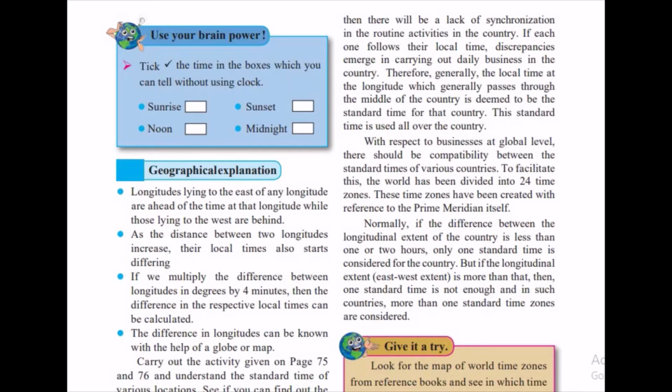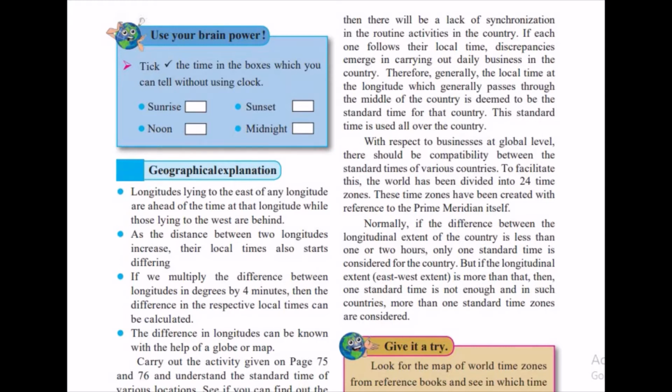The example I gave you before also, India and Dubai, was simple.